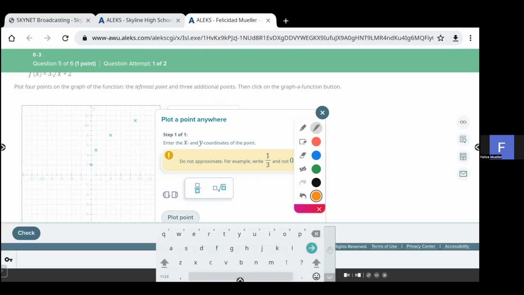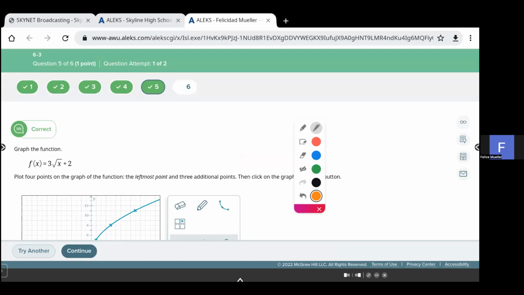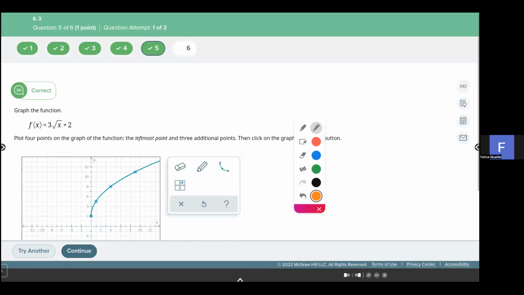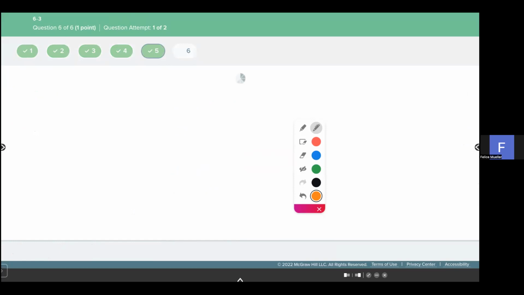Make sure you actually hit the plot point button, otherwise it won't plot it. So that is what it looks like. In class, we went over a lot more information about the graphs, such as the stretching and the compression, the shifting left, right, and using that function notation.